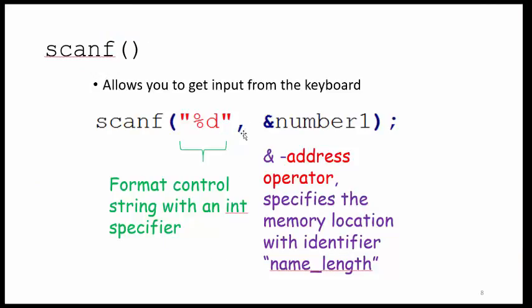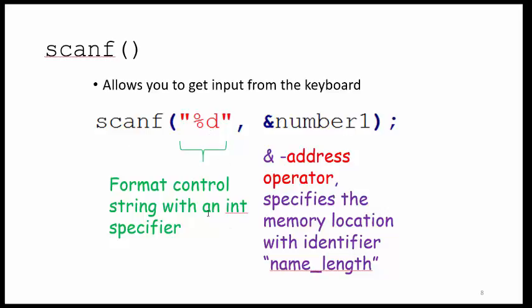And then I have a comma, and then I have an ampersand number 1. So remember we declared a variable called number 1 and we said it was an integer. Well, number 1 is really the name of an address in memory. Somewhere in your computer is a memory location, and I've given it a name, kind of like a tag, saying that memory location is called number 1. And the ampersand is what's called an address operator, and it's basically saying get a number from the keyboard.